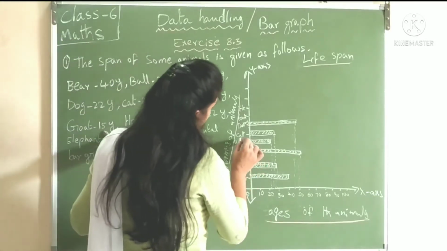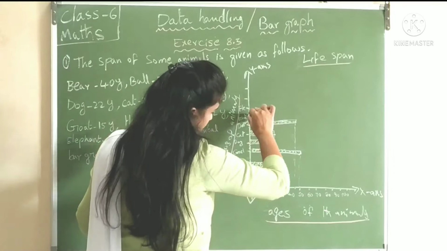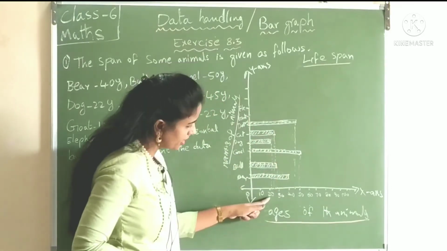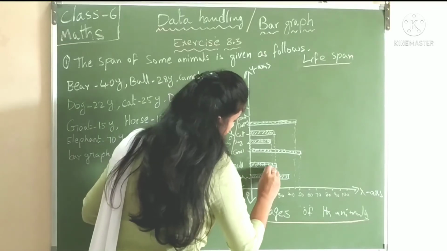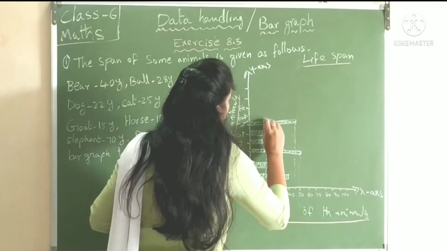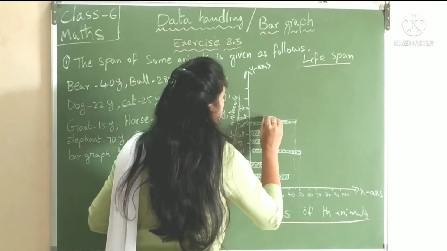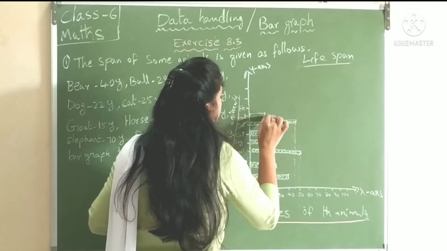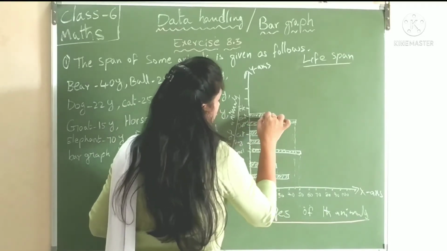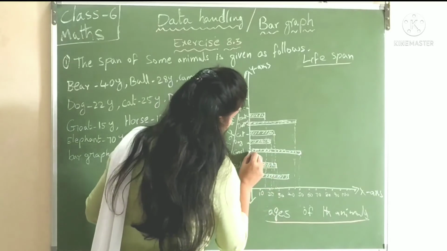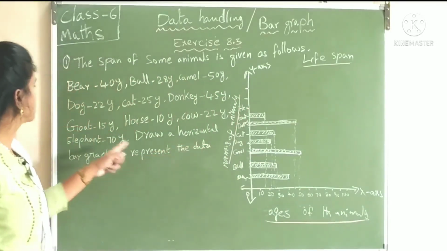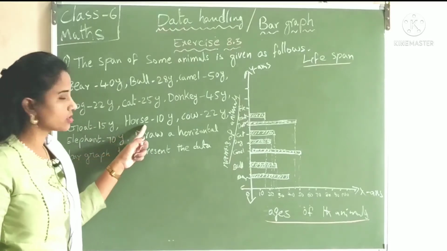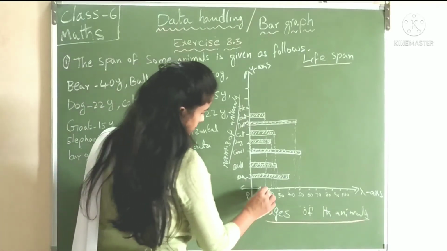Between 10 and 20 there is 15. So goat, 15 years.